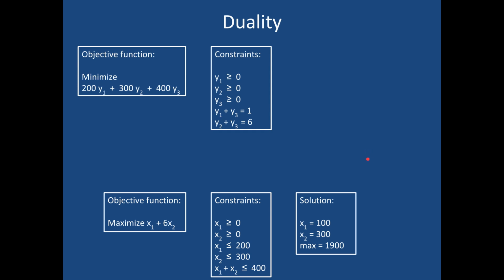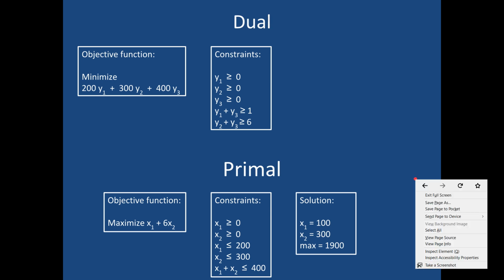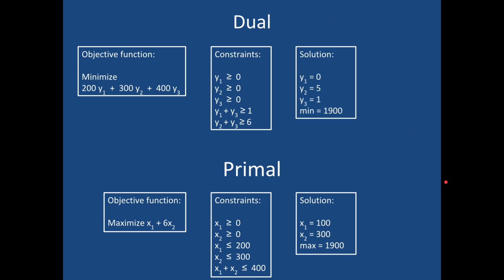Traditionally, instead of writing these as equality constraints, we turn them into greater than or equal to. Since it's a minimization problem, that doesn't change the answer. And there's a solution you come up with. If you feed this into an LP solver, you end up with those coefficients. The important thing is they're the same.